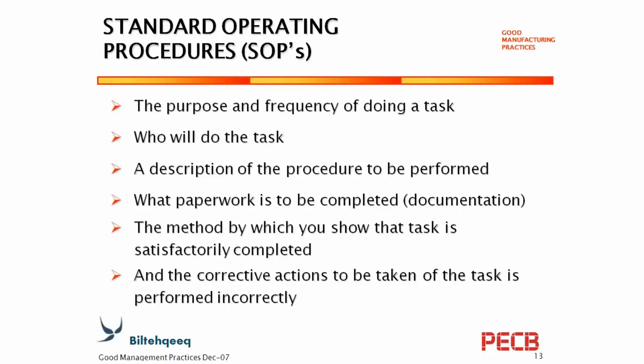It describes the procedure for how this task will be performed, and what documentation and paperwork will be involved. And it describes the method by which you show that the task is satisfactorily completed, and the corrective action to be taken if the task is performed incorrectly. If there is some sort of deviation, you can take corrective action to eliminate this deviation. So an SOP is basically a detail about what, when, where, and how things will be done.